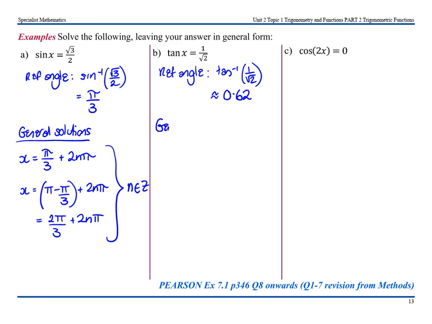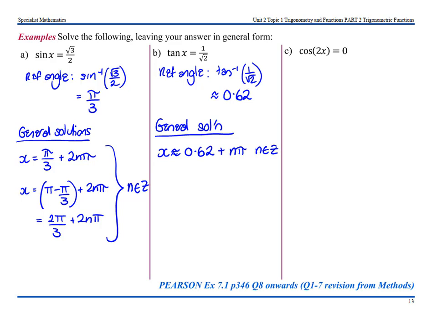So our general solution for tan is x equals our reference angle, should put approximately, plus n pi, where n is an element of Z.